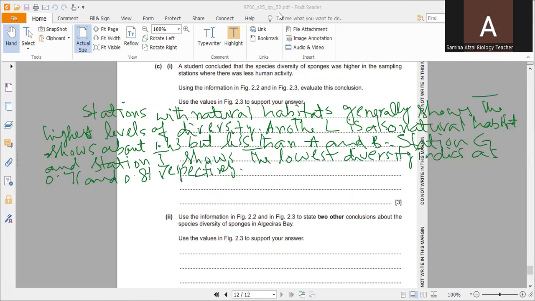These values show evidence against this.